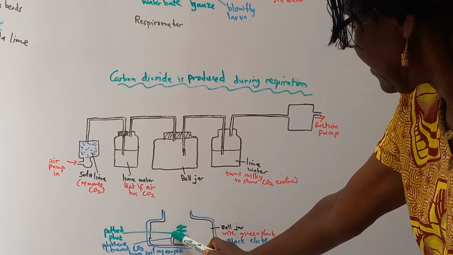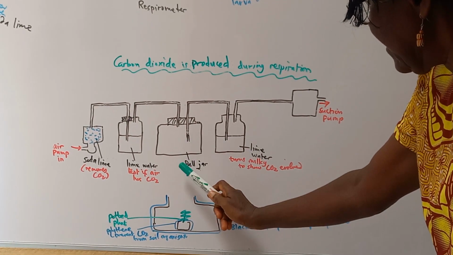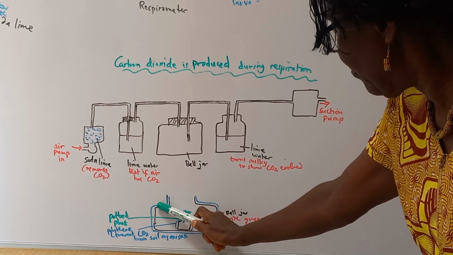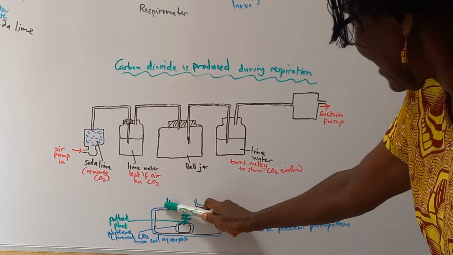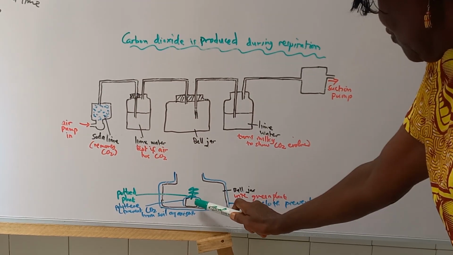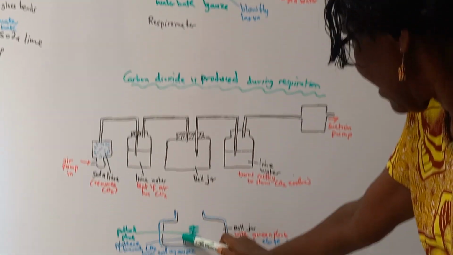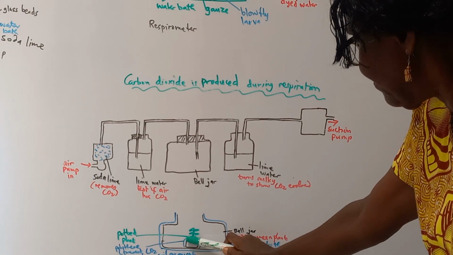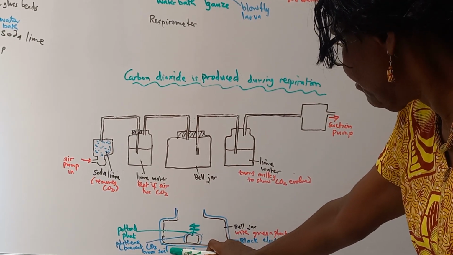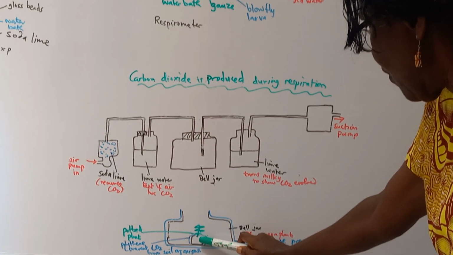If you are using a potted plant instead of an animal in this bell jar, you have the whole bell jar covered with a black cloth to cut off photosynthesis, and then you have the potted plant, and the pot also covered with a polythene bag to cut off carbon dioxide being released by soil organisms.